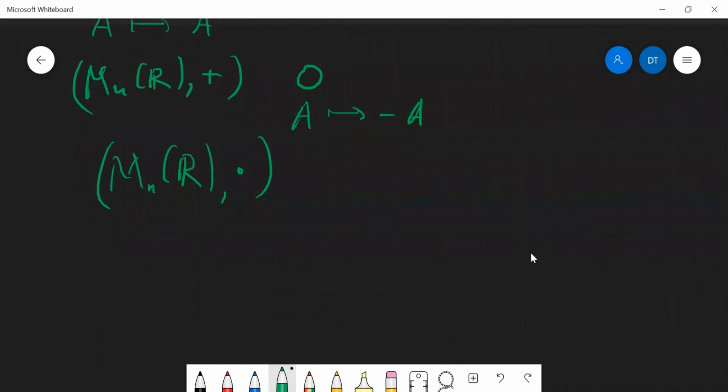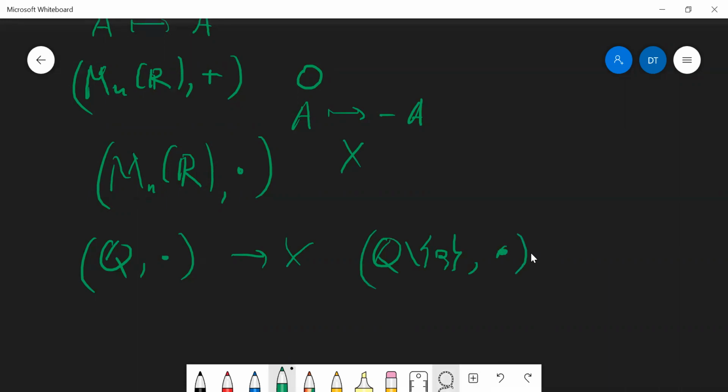And what about this example? I take all rational numbers with multiplication. Is it a group? No, it's not a group. But what if I exclude the zero number?